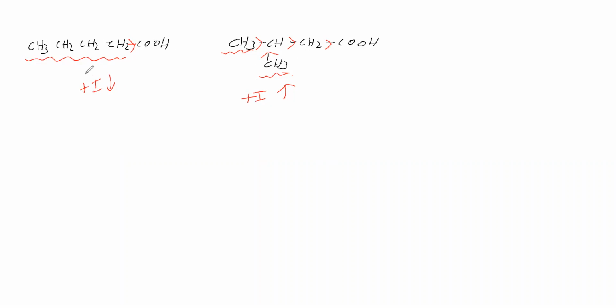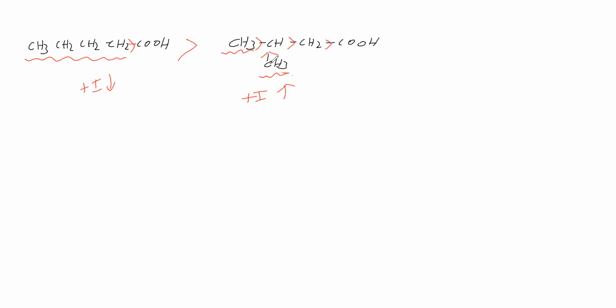Plus I effect means positive electron donating. Therefore, it can donate H plus easily in one case, whereas it is not donating H plus easily in the other. So we can say this acidic nature is more when compared to this.